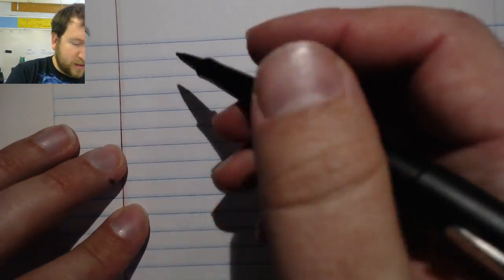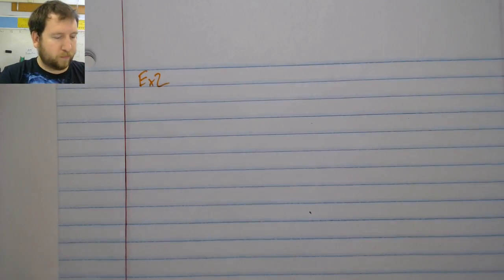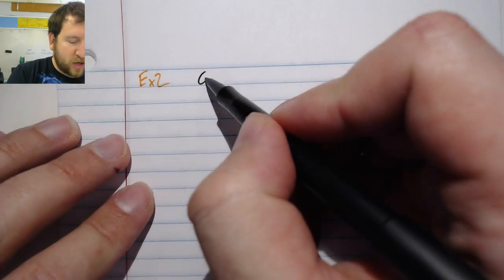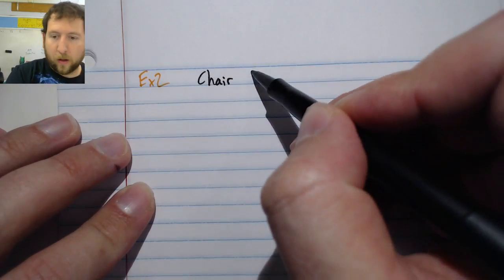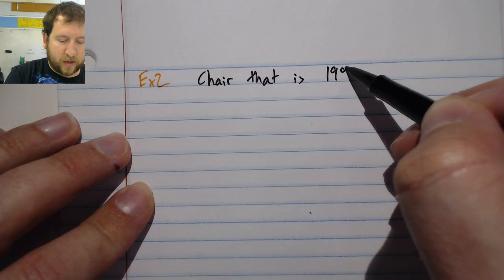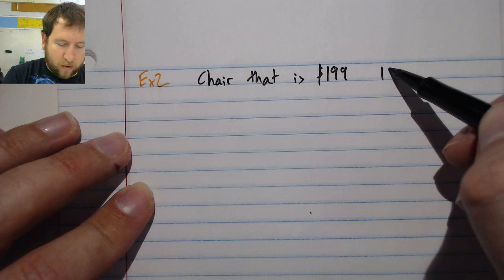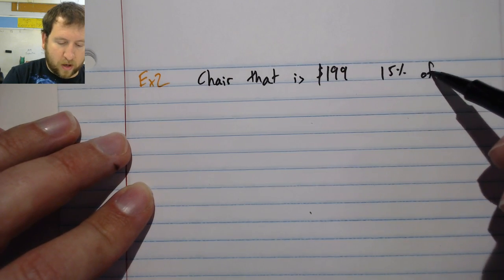Okay, let's look at this. We have a chair, example 2. We have a chair that is $199, but it's marked for 15% off.